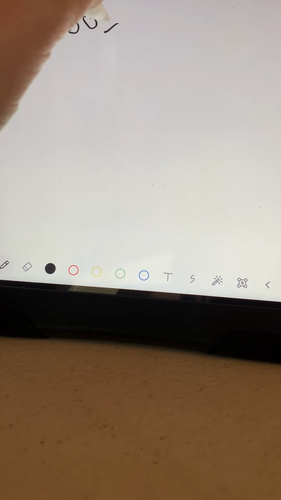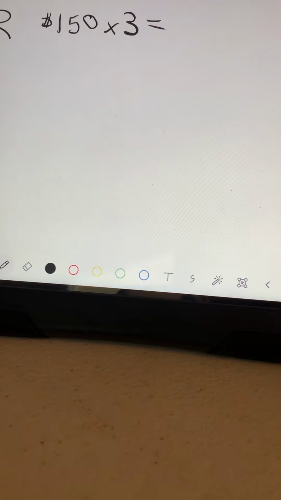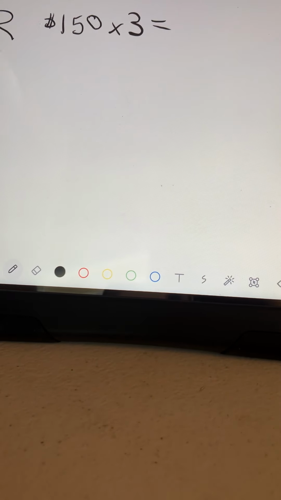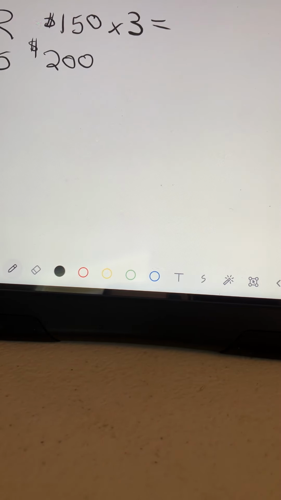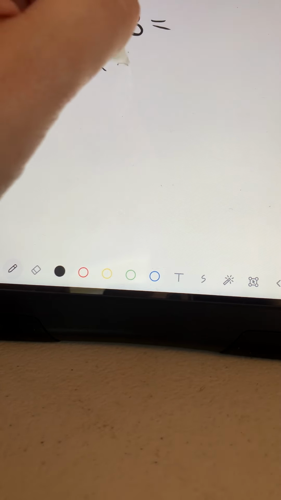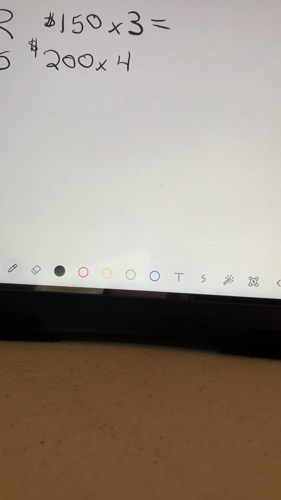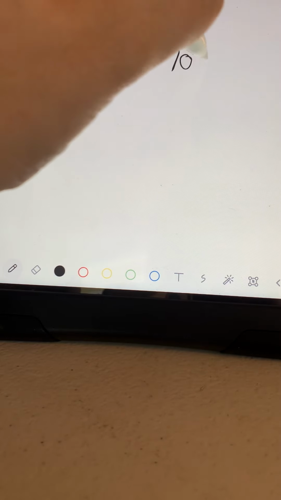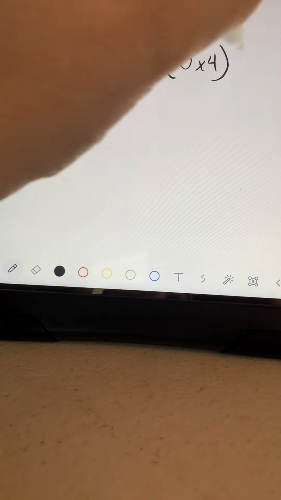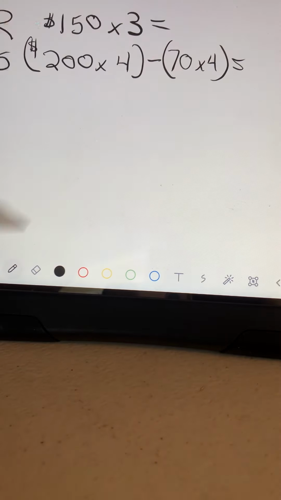So it's 150 times 3. At store S, it's $200 per tire. You buy 4 tires and you receive $70 off the price of each tire, minus 70 times 4. Okay, oops, that's an equal sign there. We'll fix that.